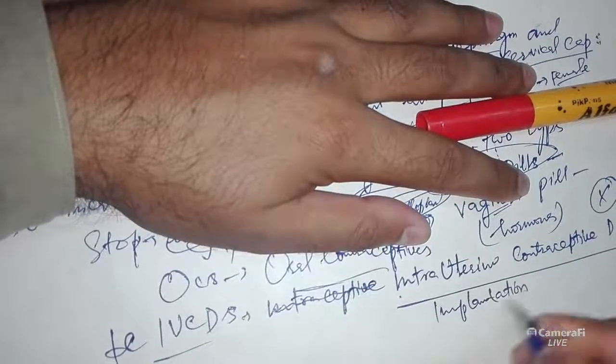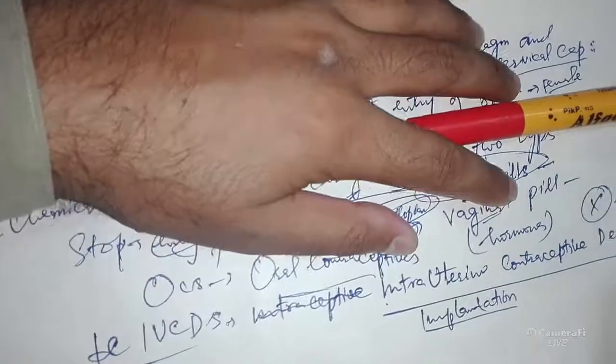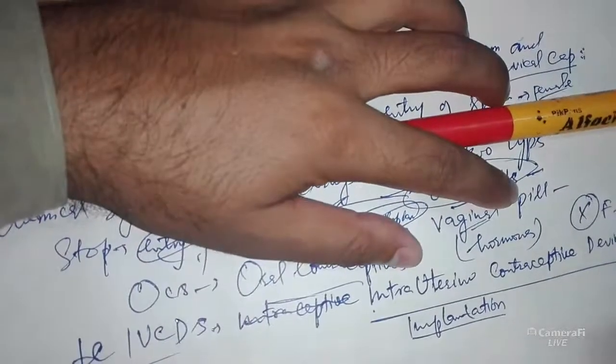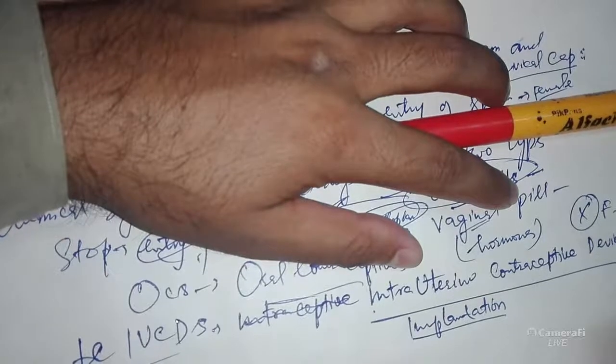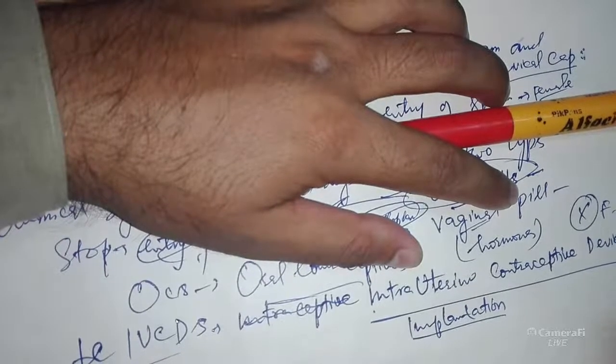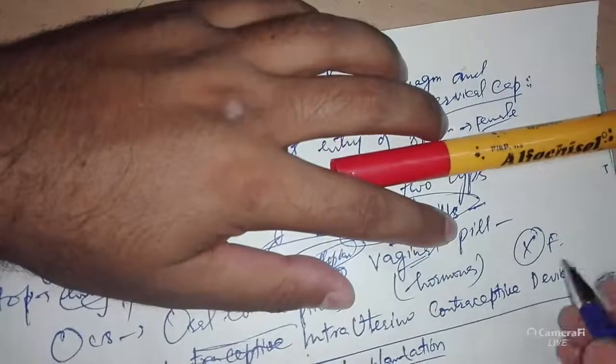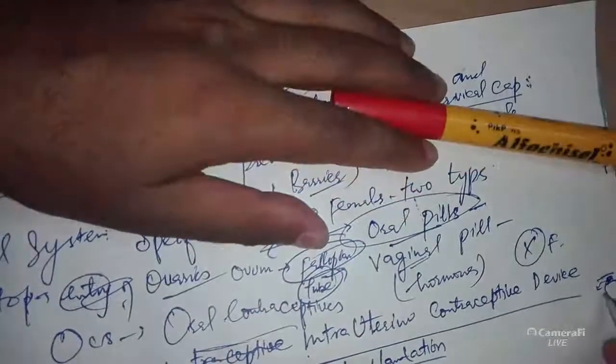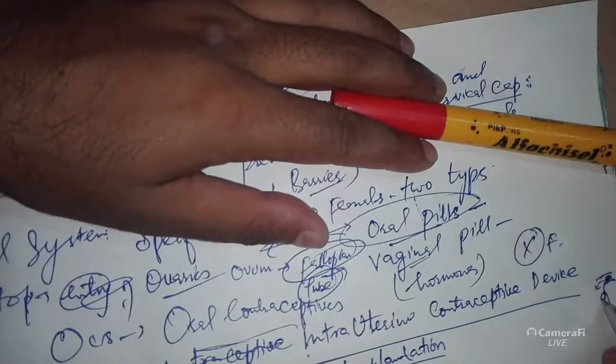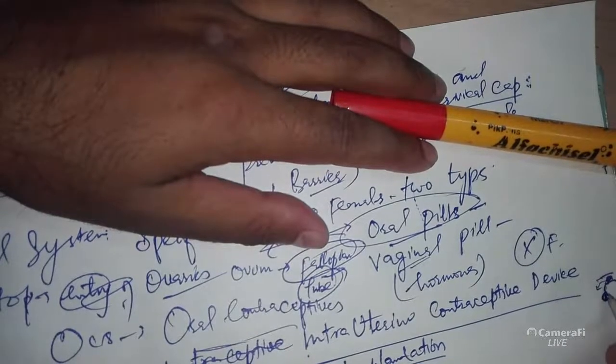What is implantation? We have already seen that from the fallopian tube, when the zygote is formed, that zygote moves down and gets attached to the uterus.